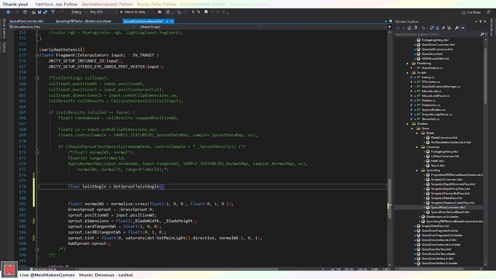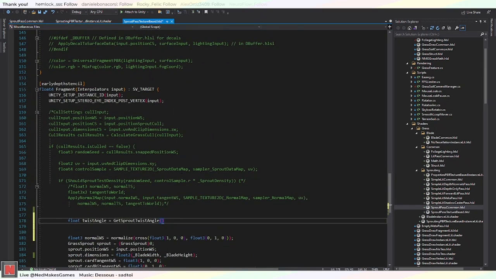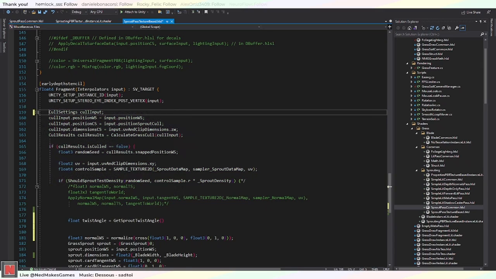Except I don't have the seed right now, so I guess I can just use the cull settings, but I won't actually cull.